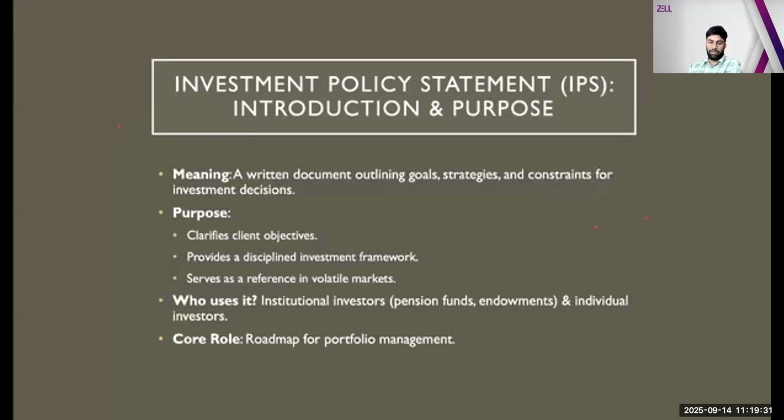In a nutshell, IPS acts as a bridge between the client's goals and their investment strategy. Without it, for you portfolio managers or asset managers, it becomes guesswork. Are you all clear?